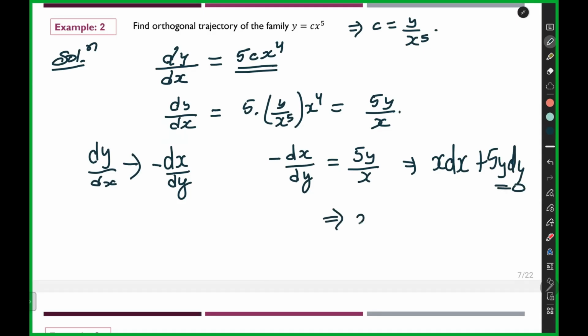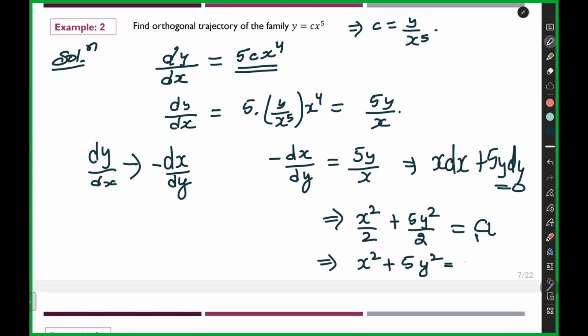So nothing but x square upon 2 plus 5y square upon 2 equals some constant, say k. Or it is nothing but x square plus 5y square equals a constant. So this is the orthogonal trajectory for the given family, right?